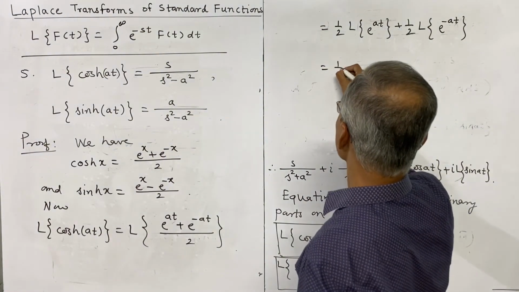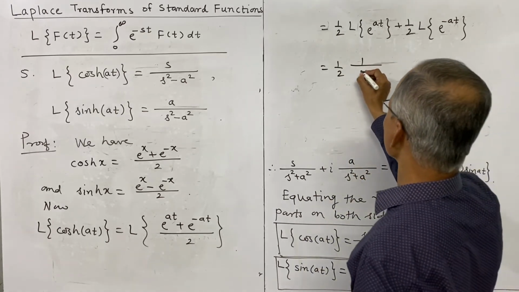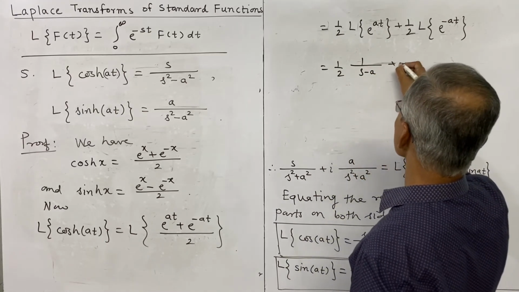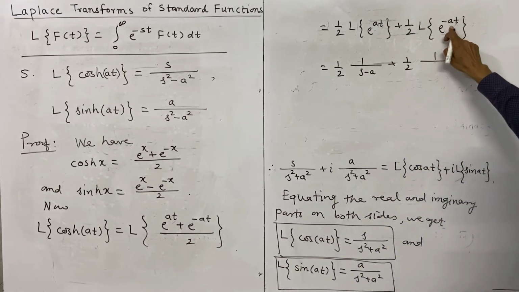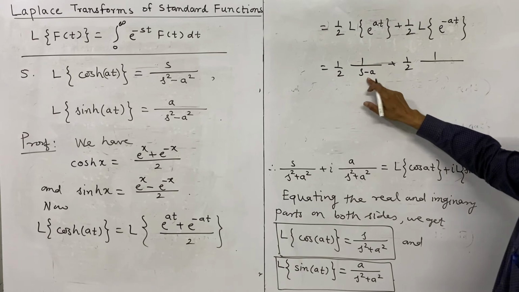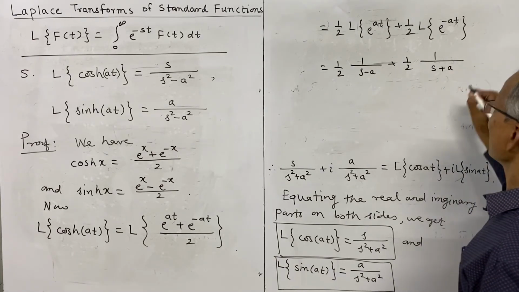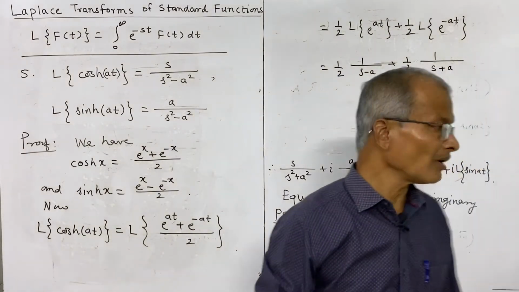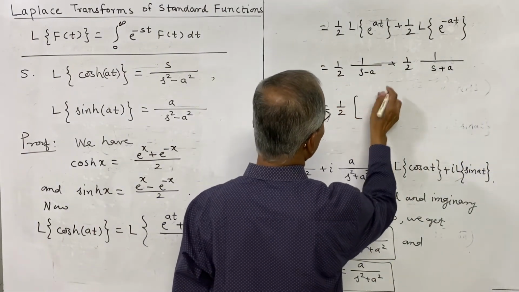Laplace transform of e power at is a standard formula, it is 1 over s minus a, plus half, and Laplace transform of e power minus at, there is a minus sign, therefore this will be plus, 1 over s minus minus a, that is s plus a.